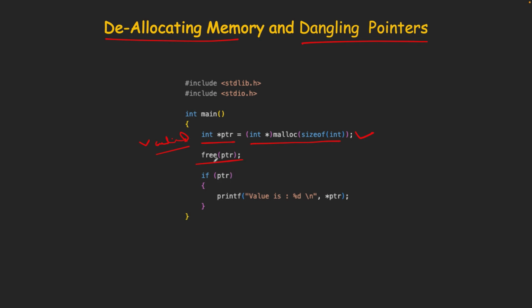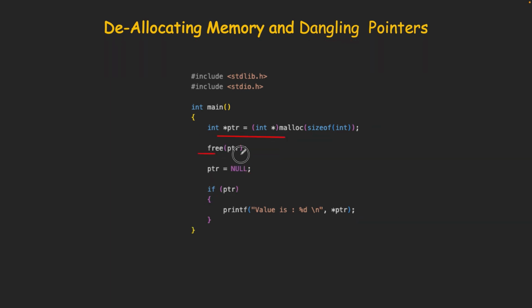Now, after this line, where we have freed the memory using the free function, the pointer still points to a location where the memory has already been deleted. This makes the pointer a dangling pointer. If we try to access the value using this pointer, it can result in undefined behavior.